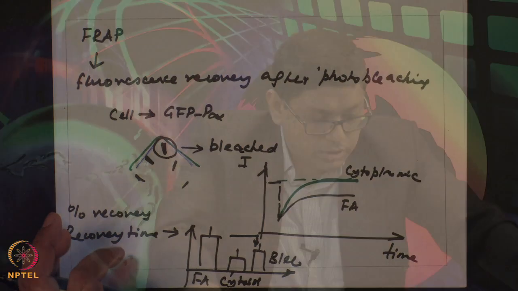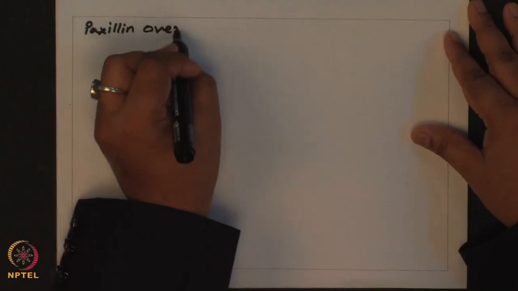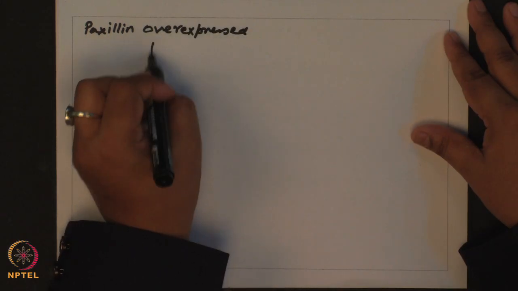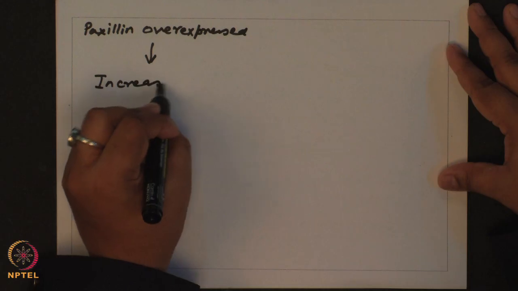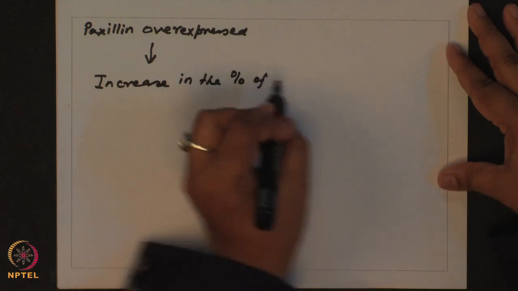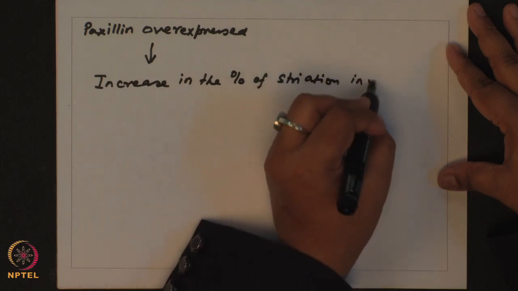Now, what was also observed when paxillin was overexpressed, there was an increase in the percentage of striation in vitro.